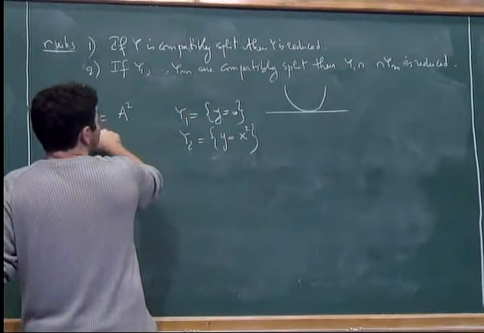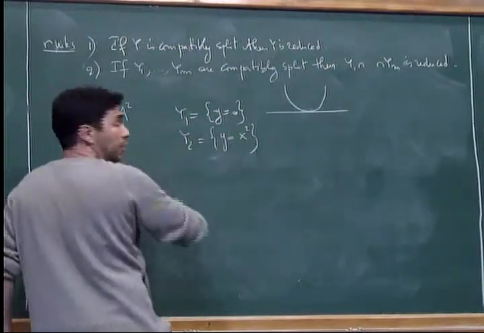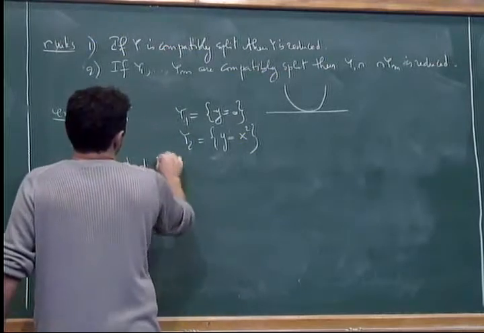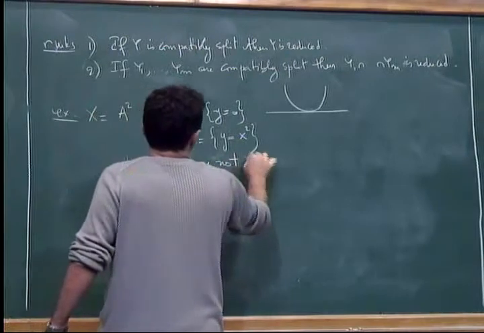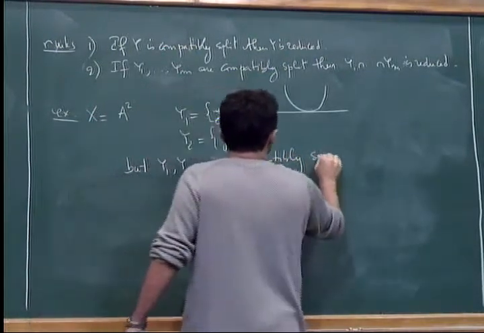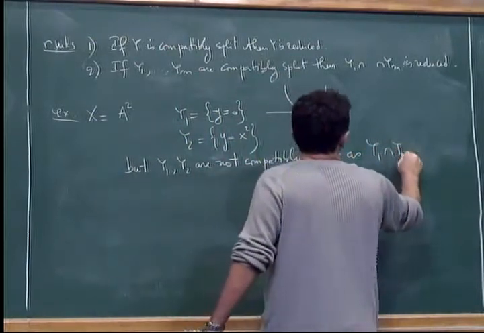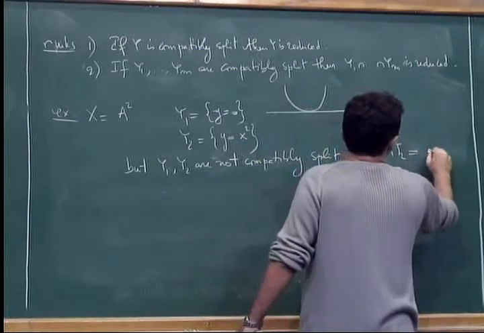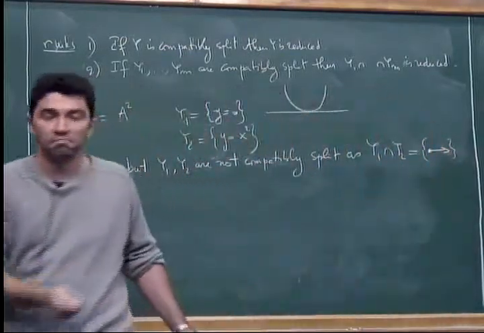Y1 is compatibly split with X because both are smooth. This is again true for Y2, but Y1 and Y2 are not compatibly split, as the intersection of Y1 and Y2 is non-reduced.